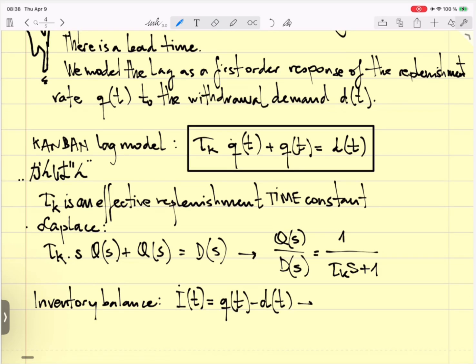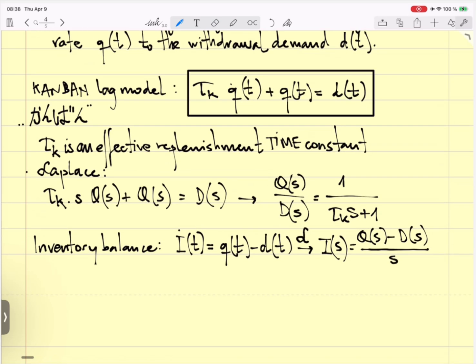So we get that I of s equals Q of s minus d of s if we implement Laplace.